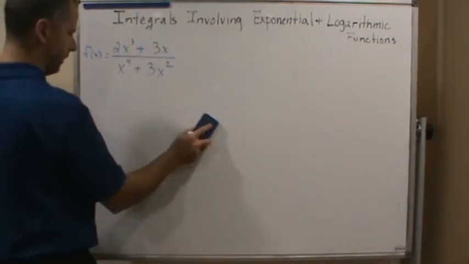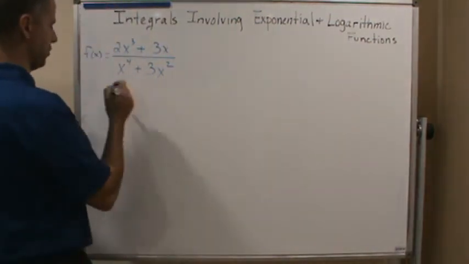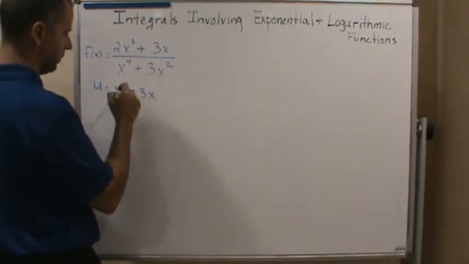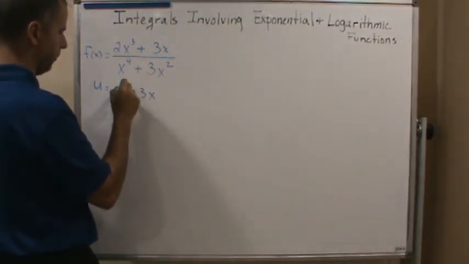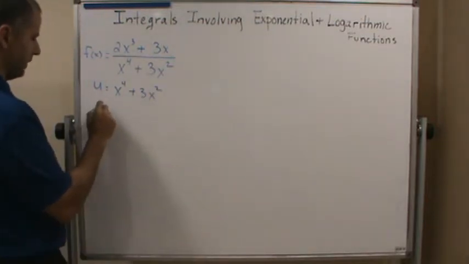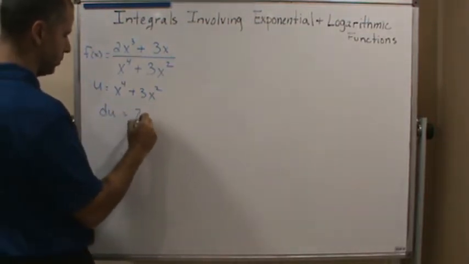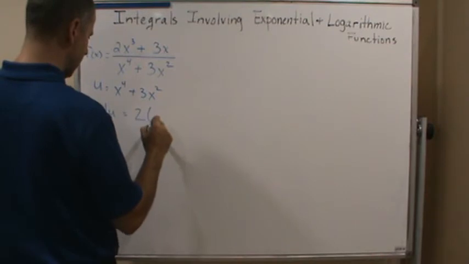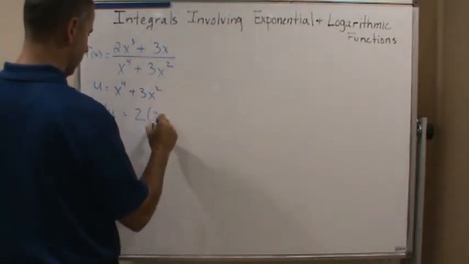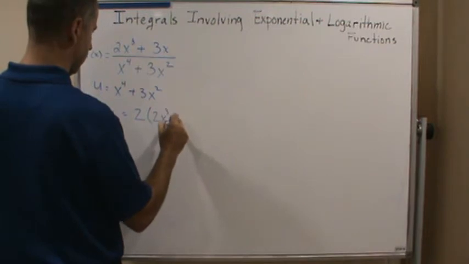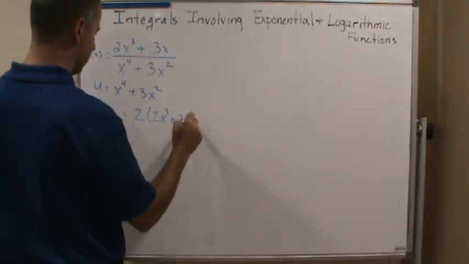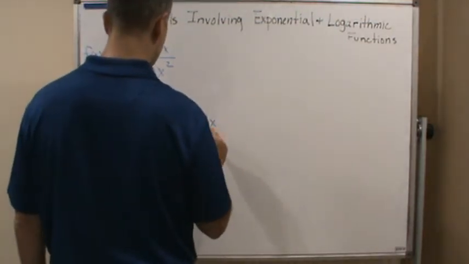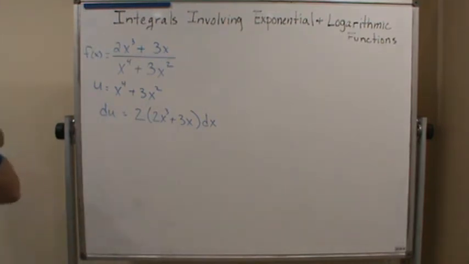So now that I figured it out, let's do our u substitution. So u is going to equal x to the 4th plus 3x squared. So then du is going to equal 2 times 2x cubed plus 3x dx.